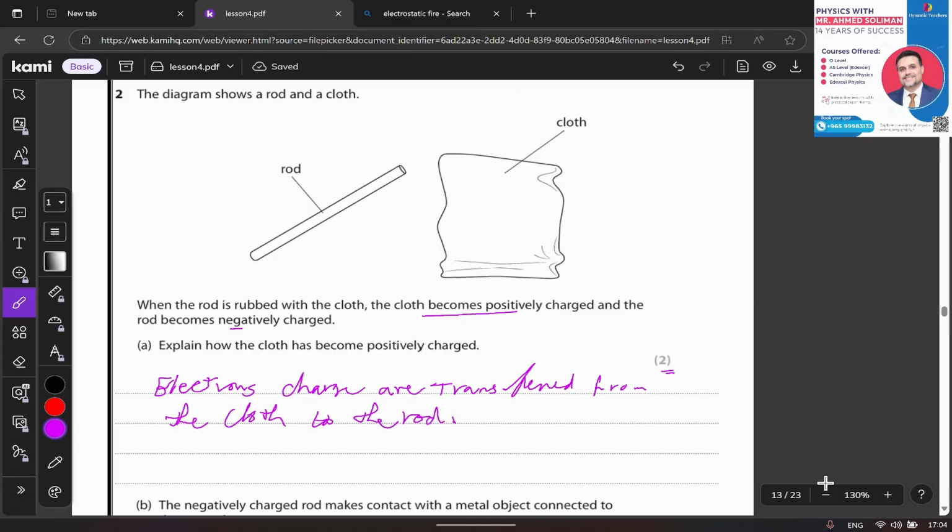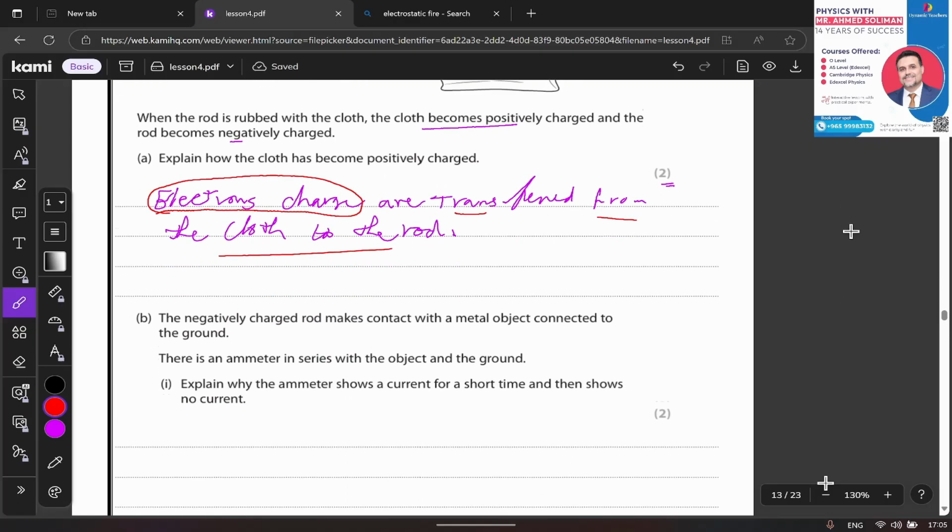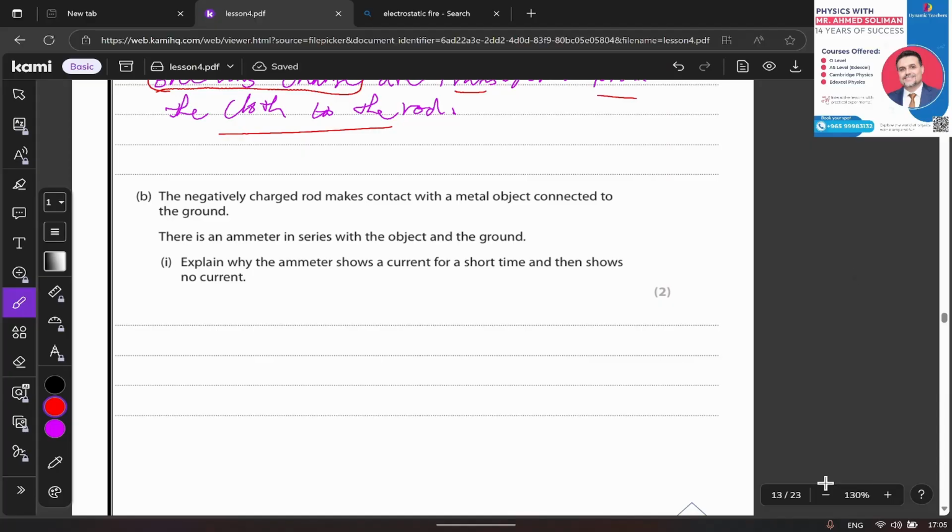Is this correct? Yeah. So you will gain 2 marks because you said the electrons transferred. It means the charge transferred is the electron, and from the cloth to the rod, the second mark. So every time you have to mention what charge is transferred: electrons or negative charge.